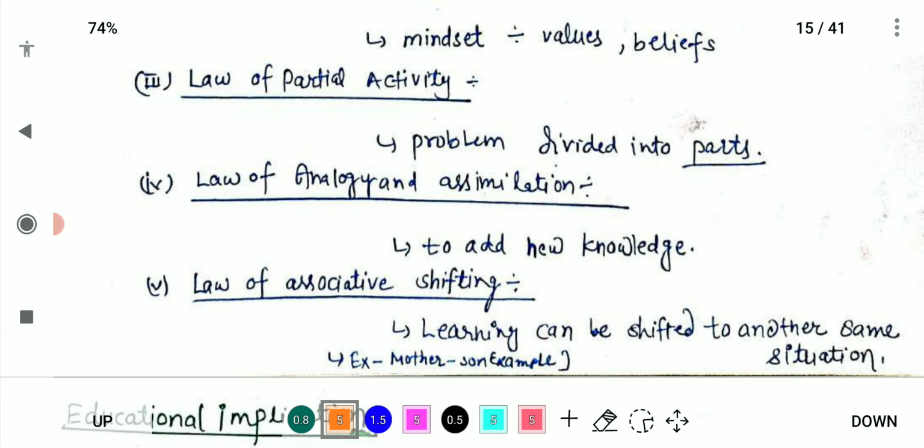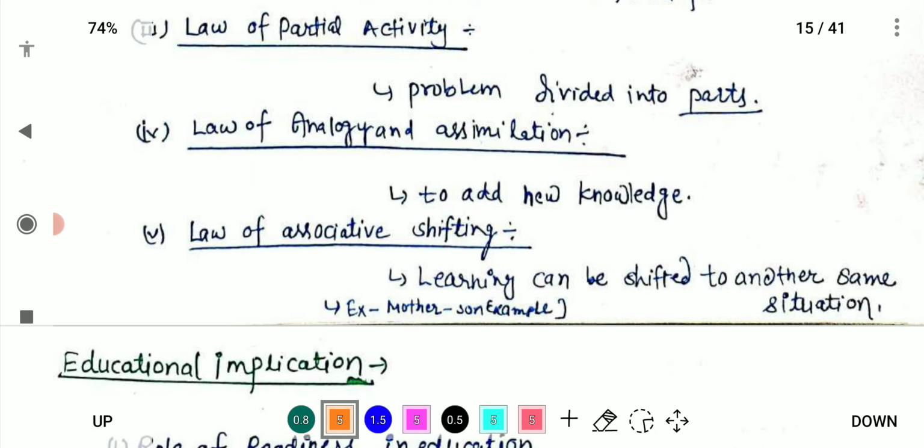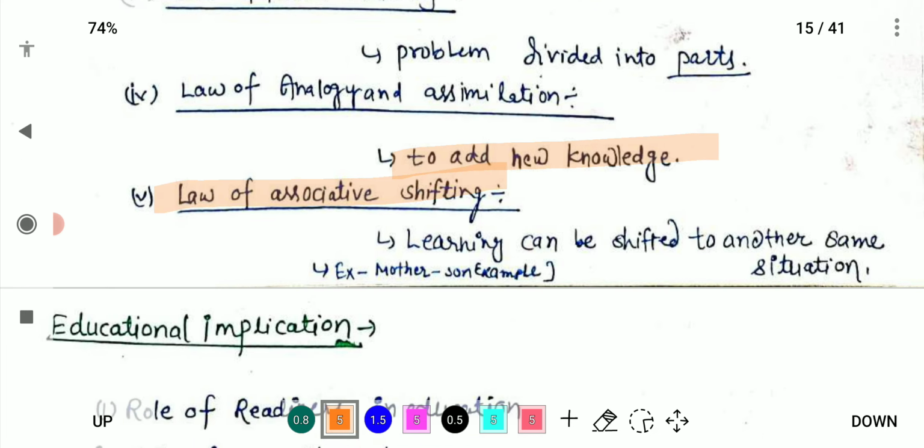Law of analogy and assimilation is to add new knowledge. That is what assimilation refers to, right? Already we have seen in Piaget, there is a word he used, assimilation, which means to add new knowledge. Law of associative shifting: learning can be shifted to another similar situation.